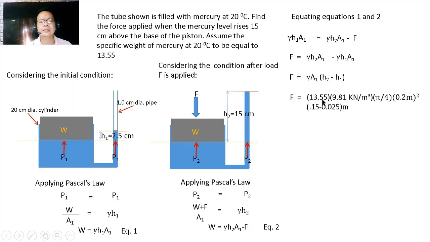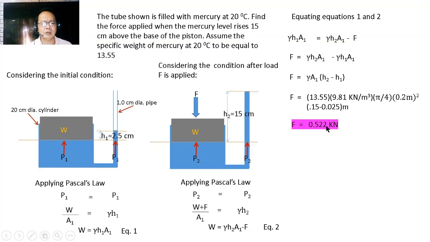13.55, which represents our unit weight of the mercury at 20 degrees Celsius. This 9.81, when multiplied with this 13.55, becomes the unit weight of the mercury. We multiplied it by the area, which is equal to pi over 4 multiplied by 0.2 squared, multiplied by the difference between 0.15 minus 0.025, and when we simplify the equation, this will result to a value of F equal to 0.522 kilonewton.